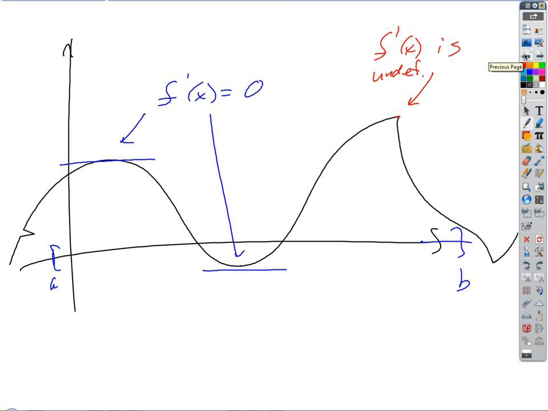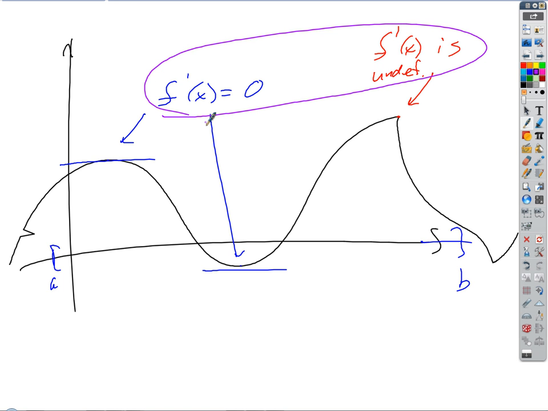Now, I'm going to draw you one more picture. So all extrema have to occur at places where the derivative is either equal to 0 or undefined. And by the way, we can group both of those. Blue and red make purple. So those are what we call critical numbers.